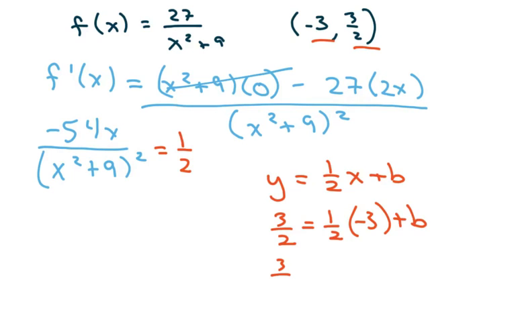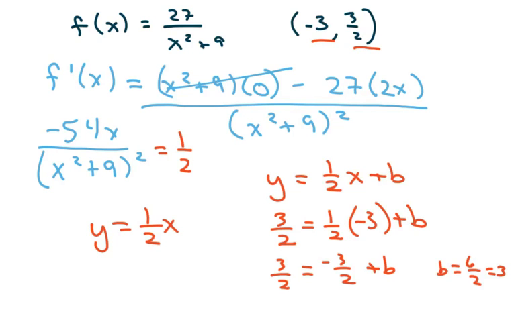And so you get 3/2 equals negative 3/2 plus b. And when you add 3/2 to both sides, you get b equals 6/2, which equals 3. So our equation is y equals 1/2 x plus 3.